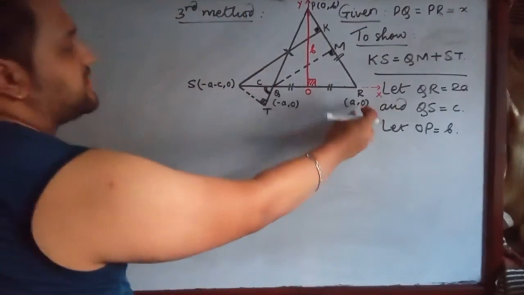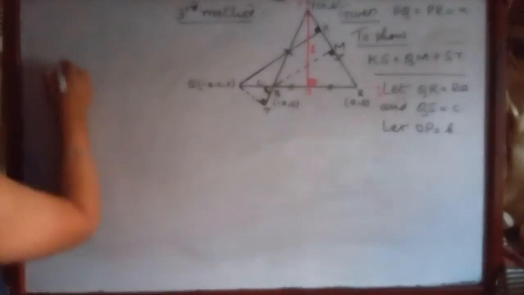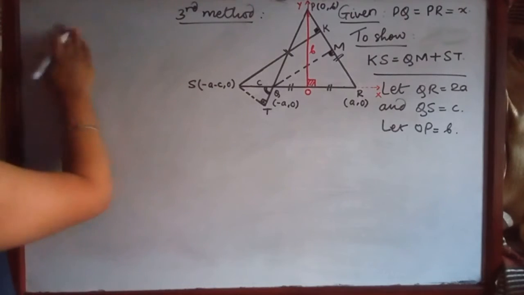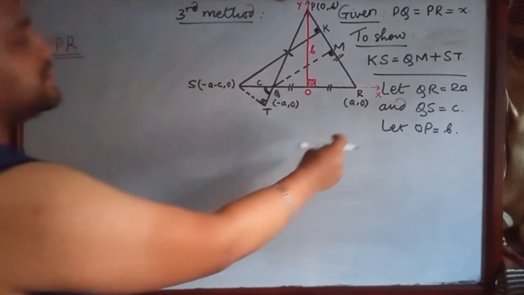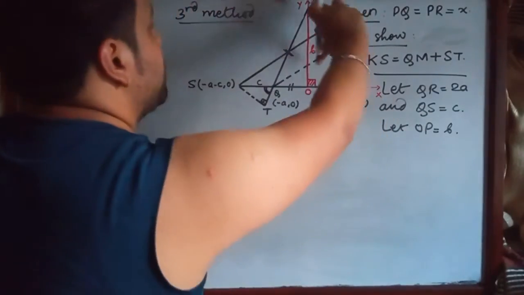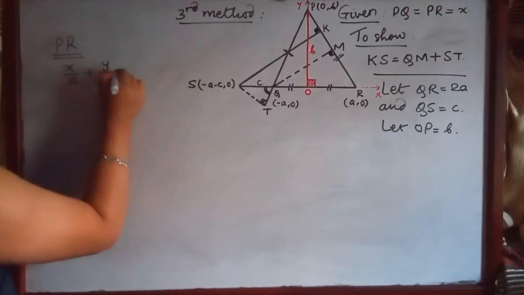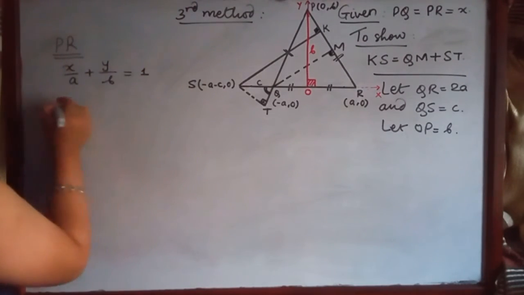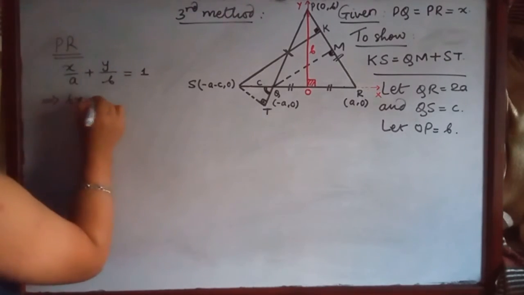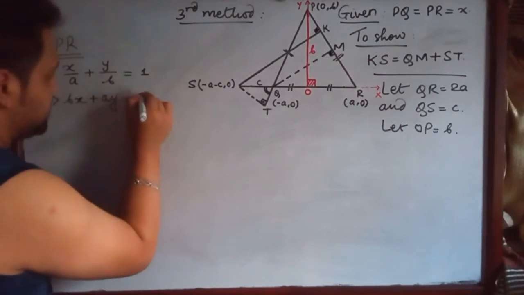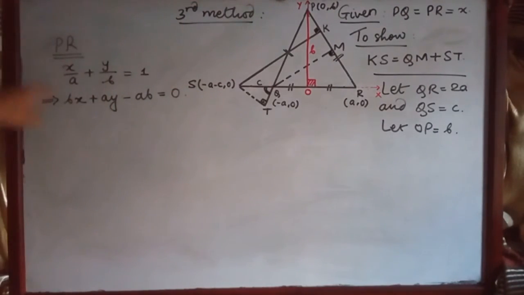Since this line passes through A comma 0 and 0 comma B, the equation of PR is x by A plus y by B is equal to 1, which is nothing but bx plus ay minus ab is equal to 0. Okay, the equation of PR is this.